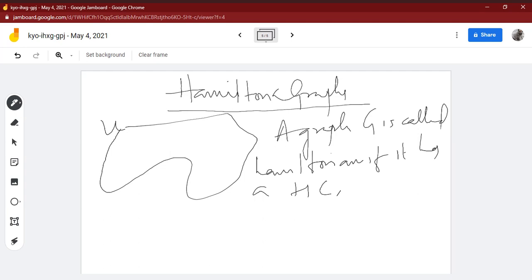Some graphs are given over here. Suppose you have got some Hamiltonian paths. We can't always use this Hamiltonian path to form Hamiltonian cycles. It is not always possible.